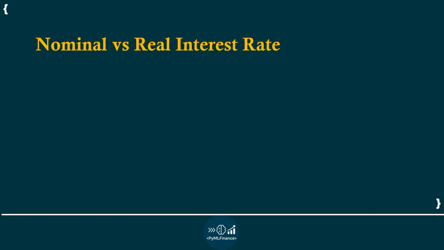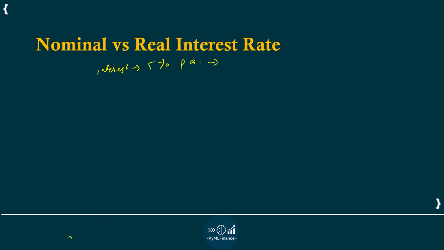Now, since we have understood what exactly inflation is, let us now understand what exactly nominal and real interest rates are. If you remember the example of the bank, the deposit you had put in the bank. The bank told you that it would give you interest of 5% per year, that is per annum, on whatever deposit you put in the bank.